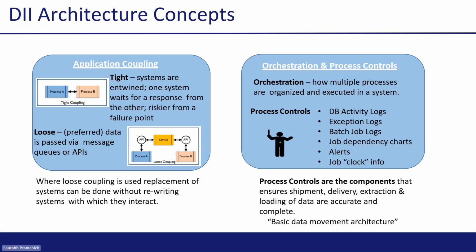And while you're doing that, what kind of process controls are important? Those will ensure the safe shipment, delivery, extraction, and loading of your data. In a lot of these data movement architectures, you will see database activity logs, batch logs, alert logs, and exception logs. All these different types of components you'll start seeing as part of it.